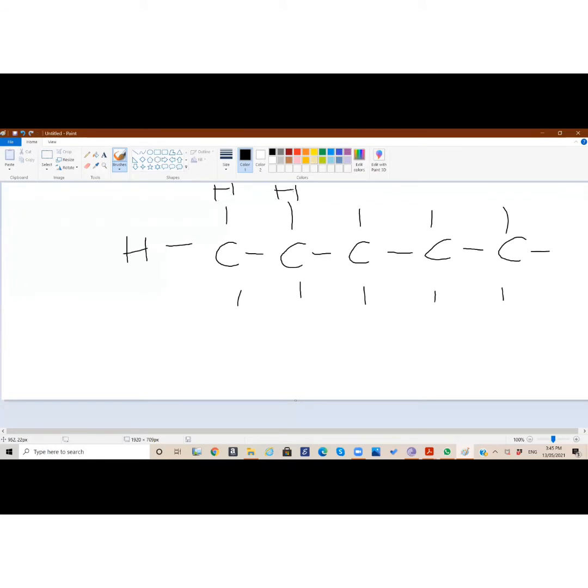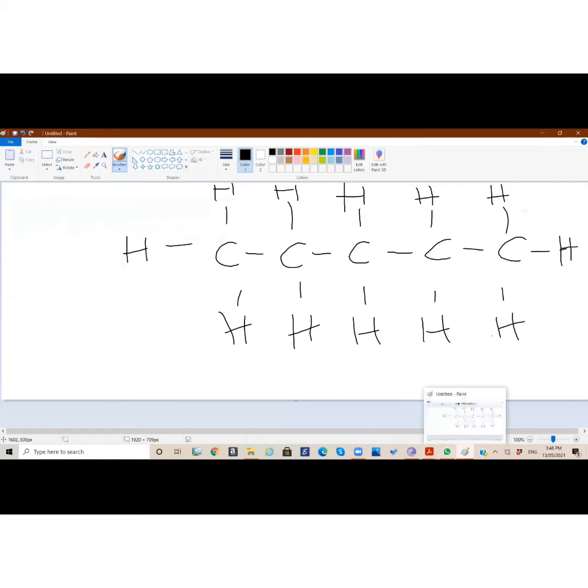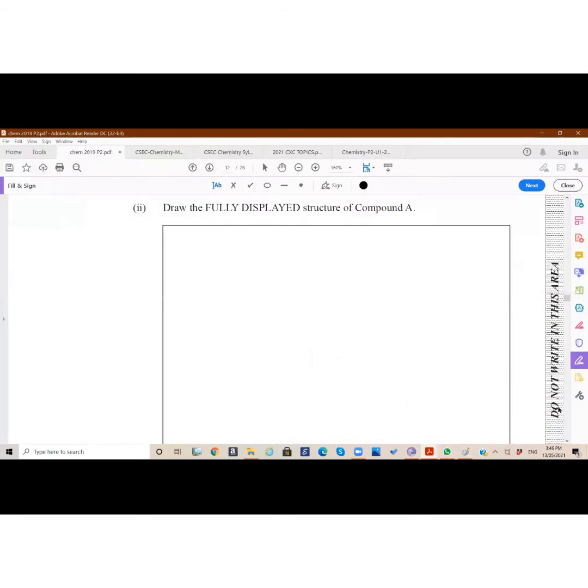I know it's easier when you're studying, but you have to put them in. And of course, alkanes are the easiest ones to draw. It's just carbons and hydrogen. Understood? Good so far?